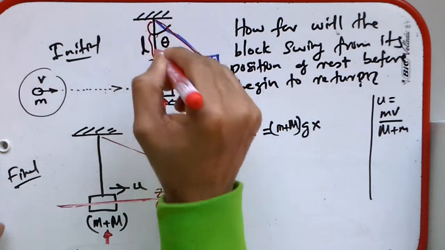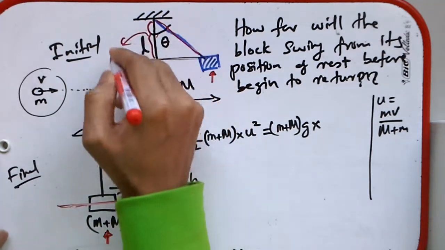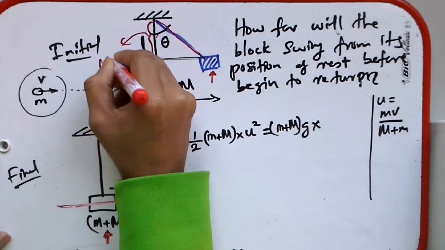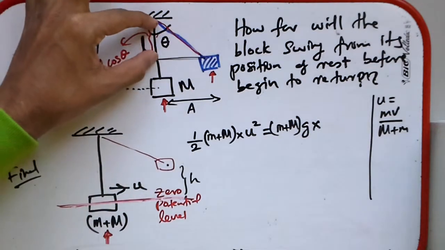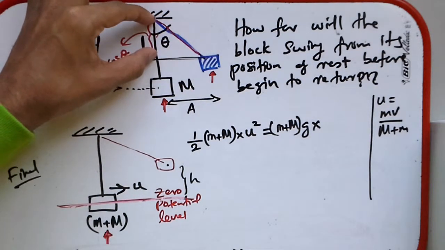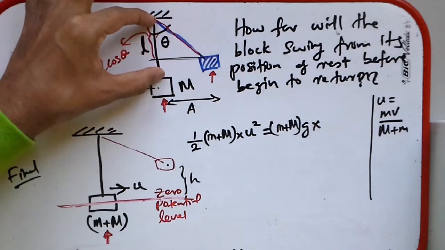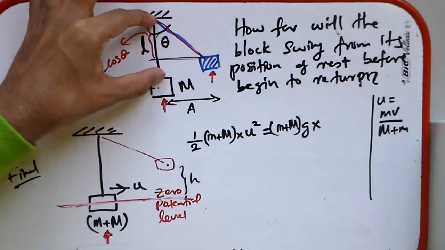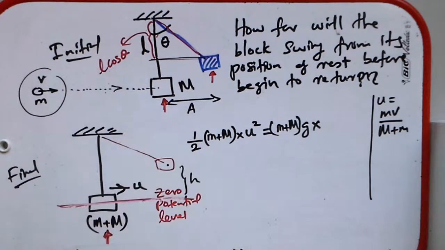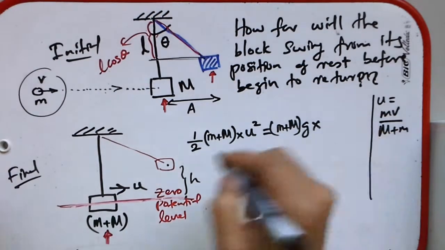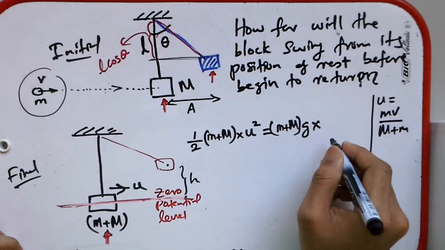This length would become L cos theta. The total length is L, so this small little portion becomes L minus L cos theta. So I can write down the height as L minus L cos theta.